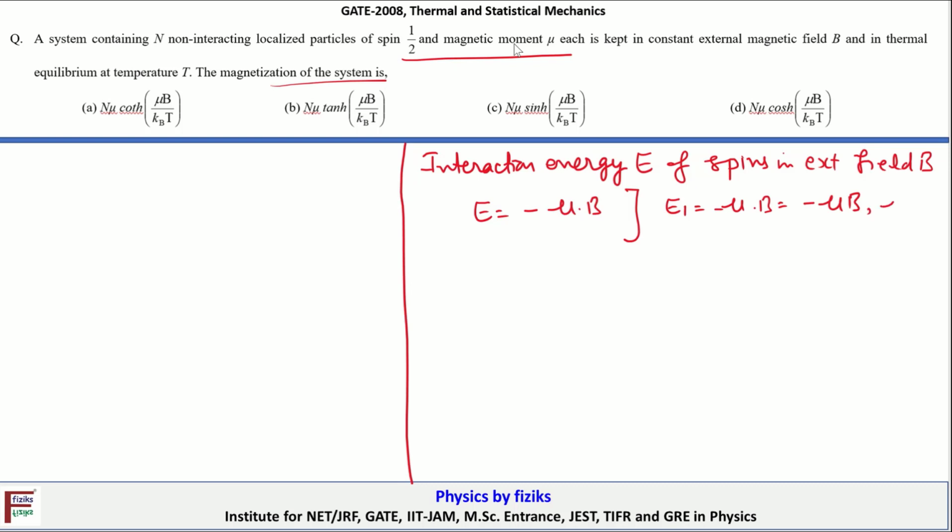That is when mu is parallel to B, and when it's anti-parallel, the angle between them is 180 degrees. So these are the two different options.